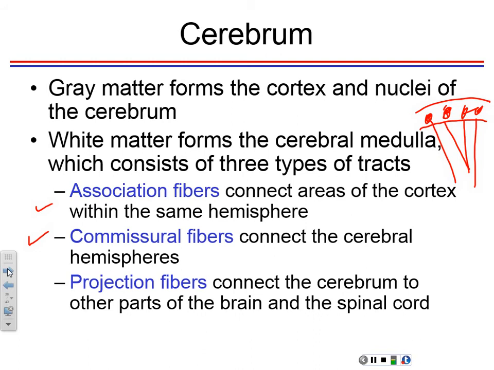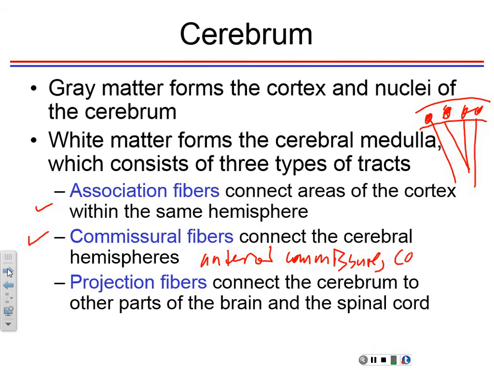There's a minor part called the anterior commissure that connects the left and right hemispheres, from one hemisphere to the other.